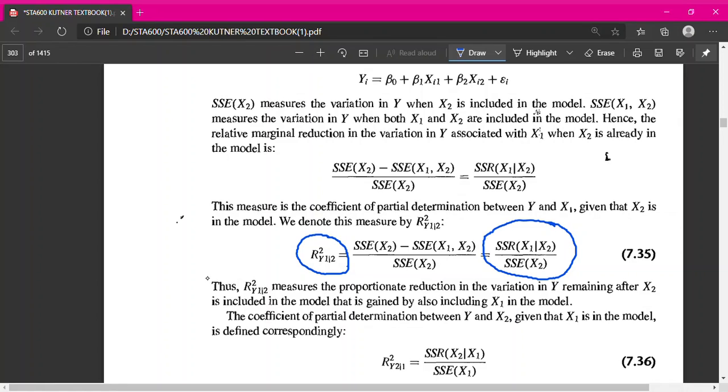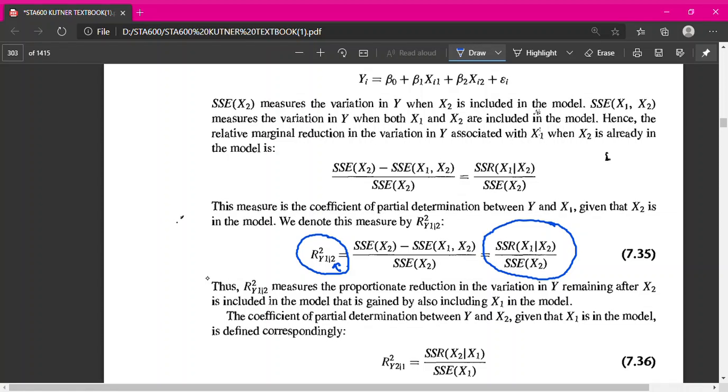So, kita kena cari extra sum of squares SSR x1 given x2 divide dengan SSE untuk x2. Okay, so how to find the SSR x1 given x2, which is the extra sum of squares when we want to add x1, given x2 is already in the model. So this is the formula yang you dah hafal sebelum ni.